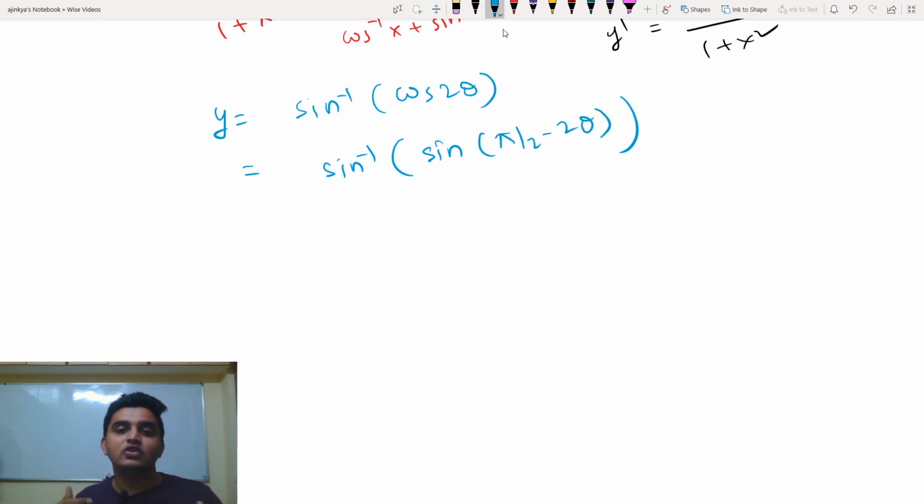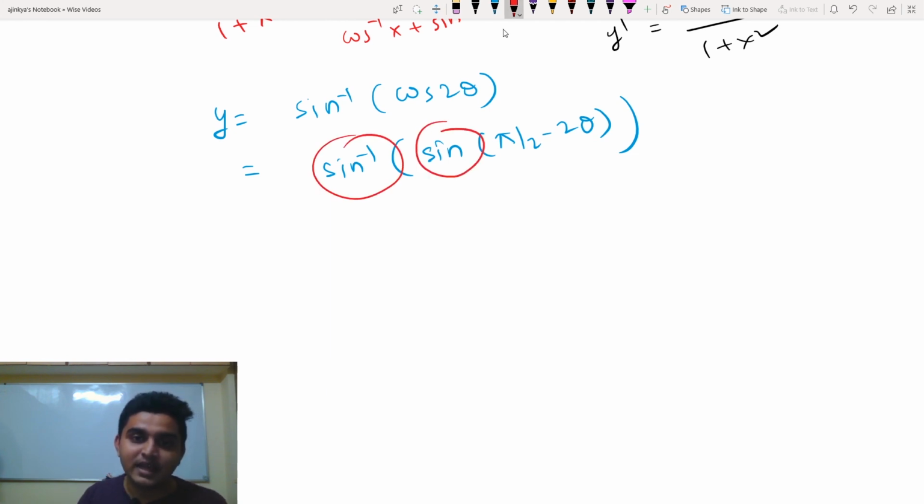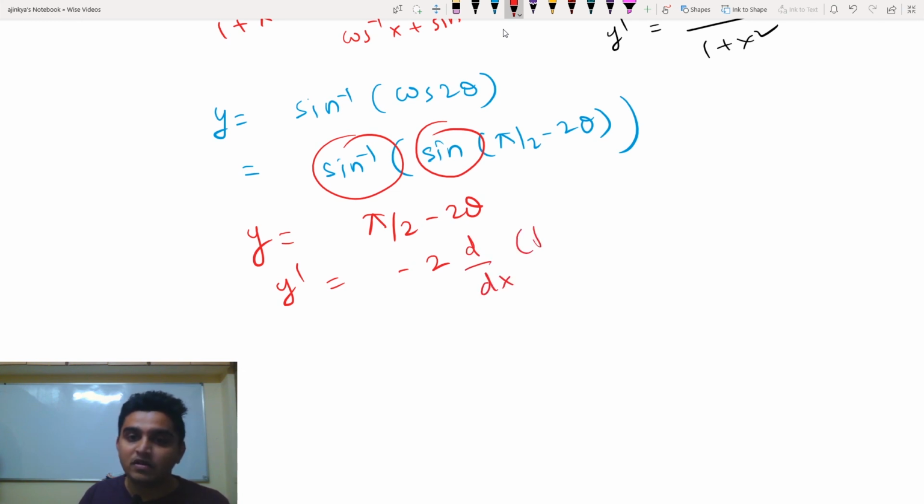So since you have the same angle, but we have changed the expression in such a way that we can easily eliminate the sine function, sine inverse and sine will get cancelled, and you will have pi by 2 minus 2 theta. So y dash should be minus 2 times d upon dx of tan inverse of x. So you have your answer as minus 2 upon 1 plus x square.